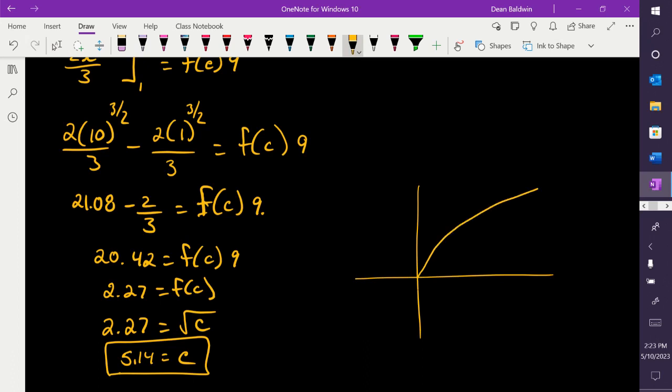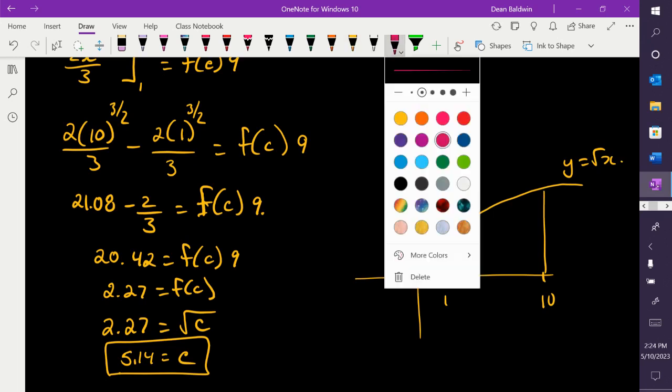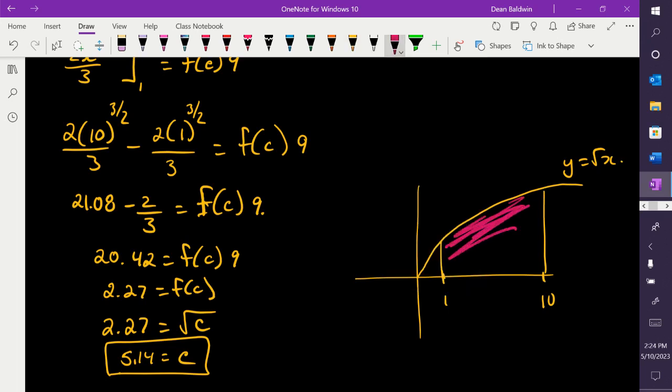So what that means, if we do the root of x, there's y is equal to the root of x, right? We did the area between 1 and 10. Okay, so we got this area.